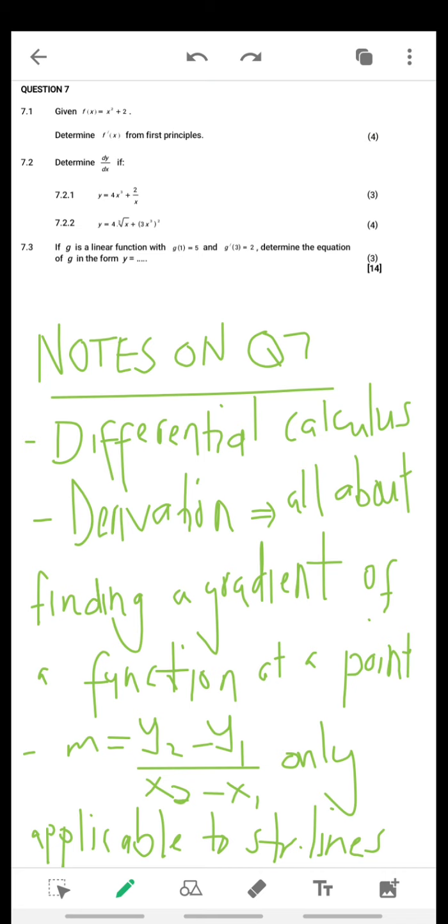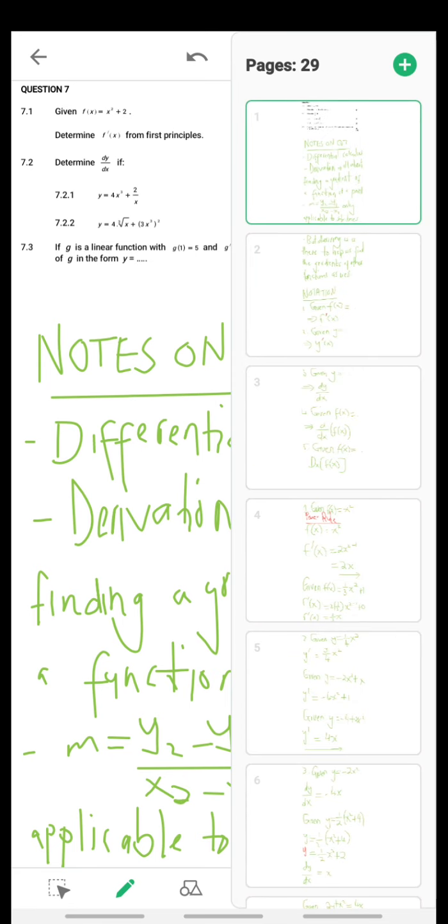A tangent is a line that touches a parabola at only one point. So when we take the derivative of a parabola, we get the equation of a tangent line to the parabola. And then we will come back to question 7.